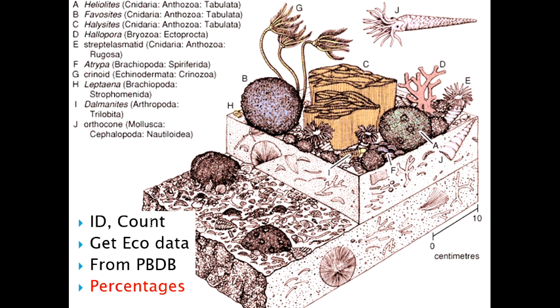You can count them, and then you go and you get the ecological data from where? Well, you have it as basic knowledge, but there is something that's called the PBDB, or the Paleobiology Database. And in this week's lab, Lab 7, I give you the link to the Paleobiology Database and the step-by-step instructions for getting this. So for instance, you look at specimen D here, Halopora.